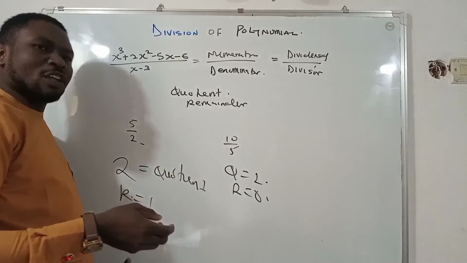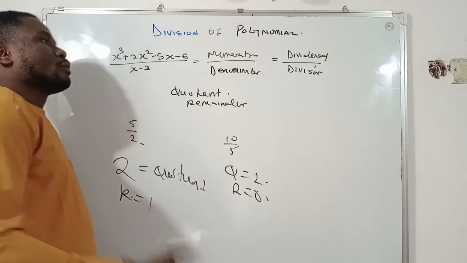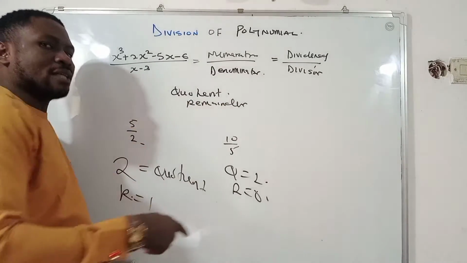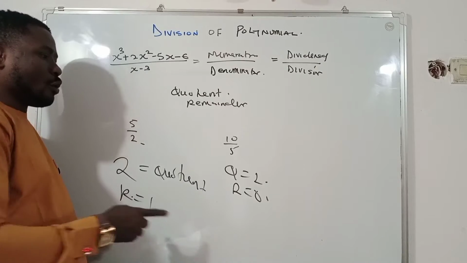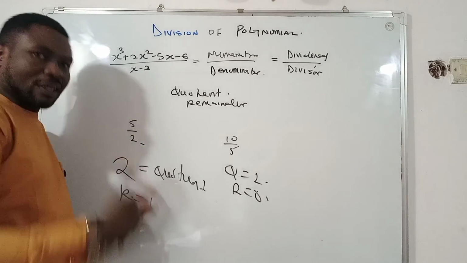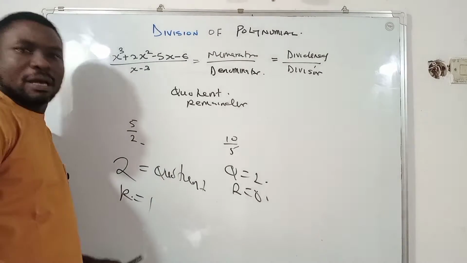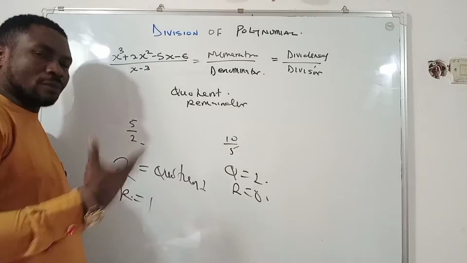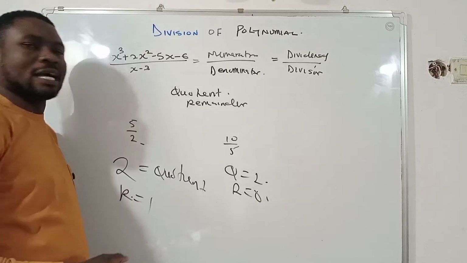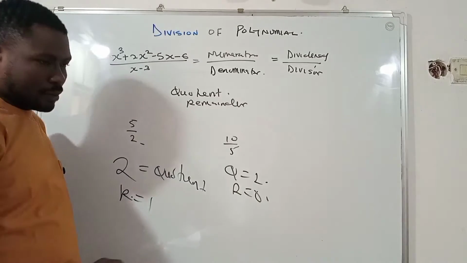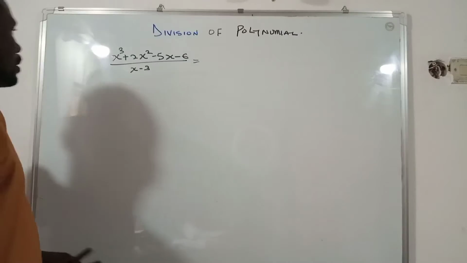The one that is the denominator is called the divisor. When the divisor divides the dividend, the number of times it does that is called the quotient. Whatever is remaining is the remainder. Like I said, sometimes nothing may remain, and when you do not have any remainder, then you say the remainder is 0.